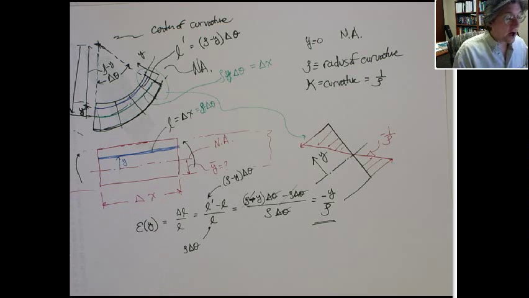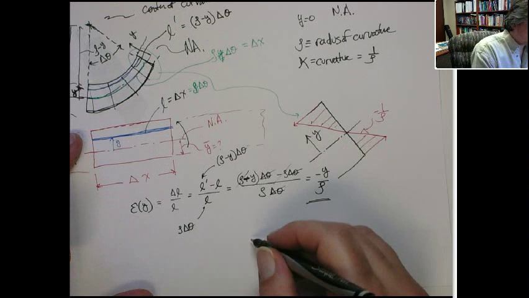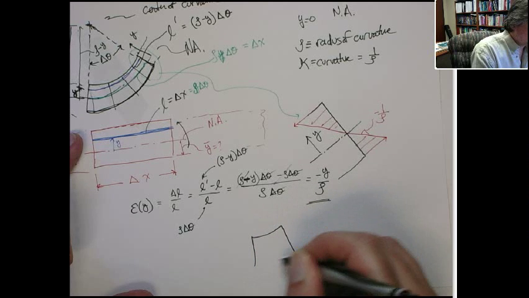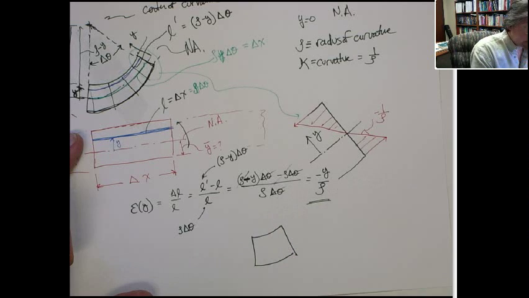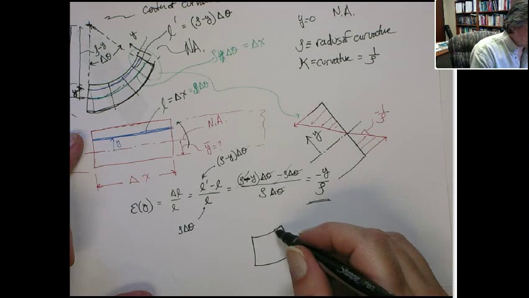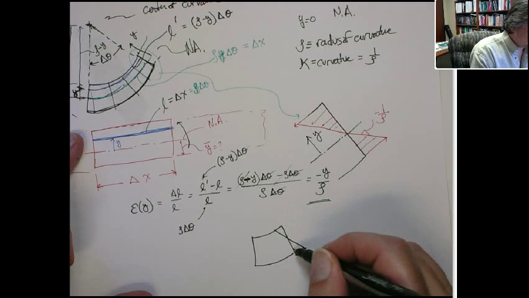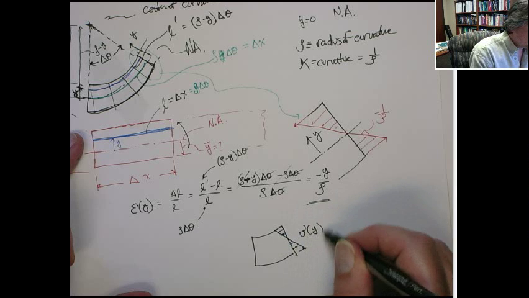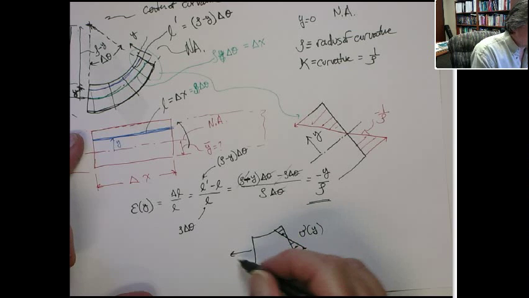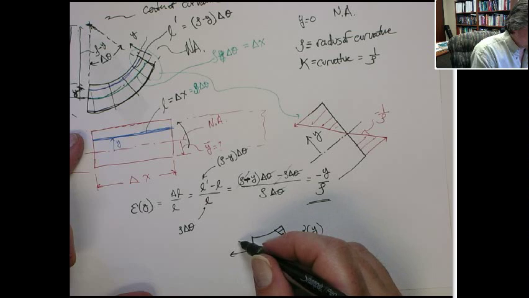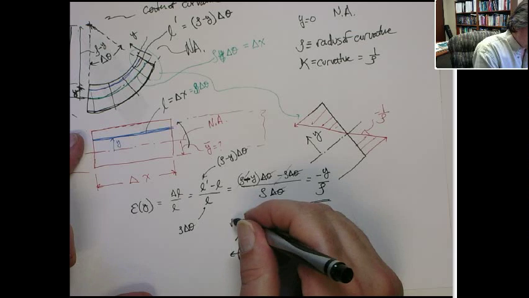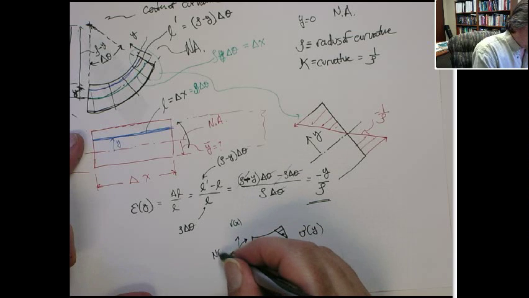Okay? So remember, the other thing we're going to want to do is look at a little segment, very similar to what we did in torsion. You're going to have some strain and then therefore some stress distribution on one side that is going to have to balance internal forces, the normal force N of x.